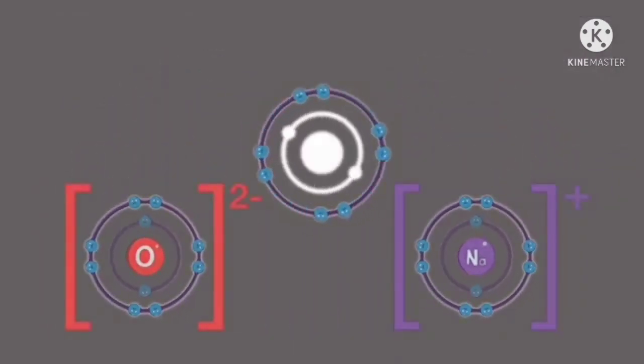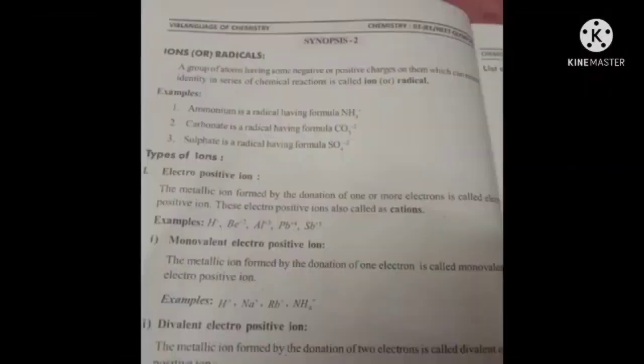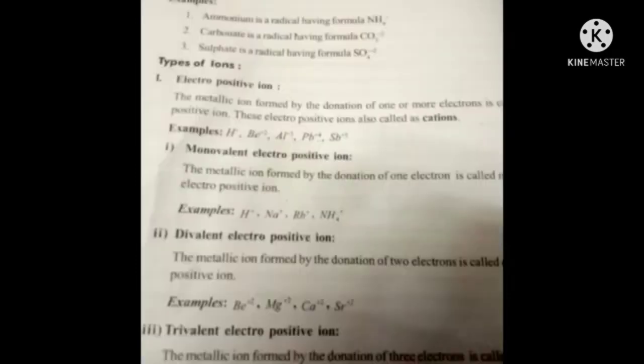Now, my dear children, I hope you understood what an ion is. See, again ions are subdivided. Here I am showing you the page in the textbook, synopsis page 2. See, types of ions we are studying.